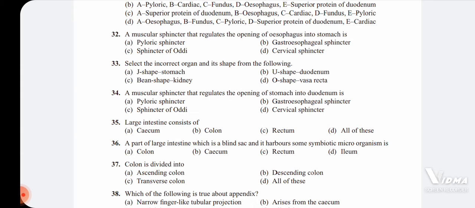Next, 35th question: large intestine consists of. The large intestine consists of cecum, colon, rectum, and even the anus also comes, but the cecum, colon and rectum are the major parts of the large intestine. Hence the answer is option D, all of these.